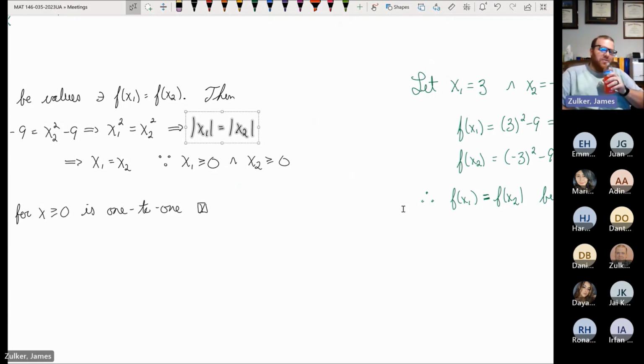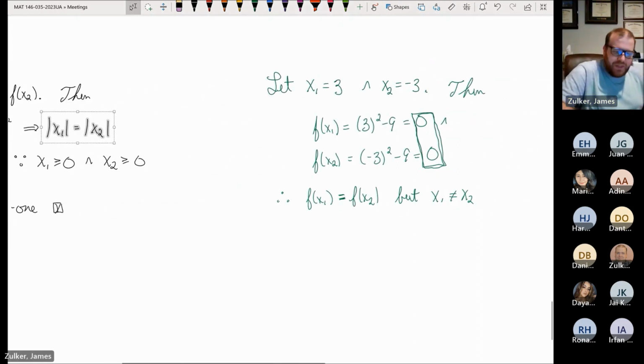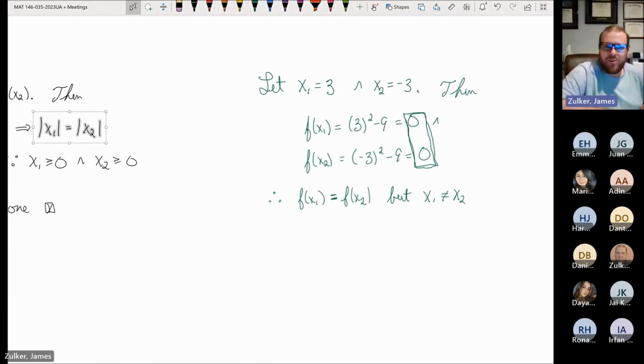It doesn't have to be 3 and -3. You could have used 4 and -4, right? Or 8 and -8. But this is how you would mathematically show that it's not one-to-one. You find a counterexample.